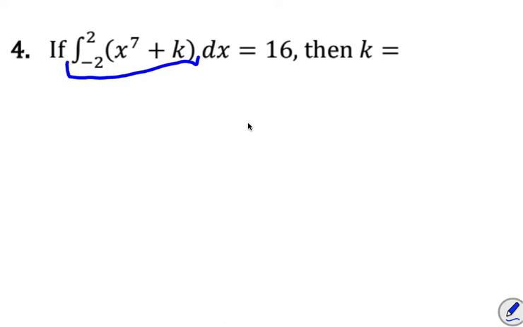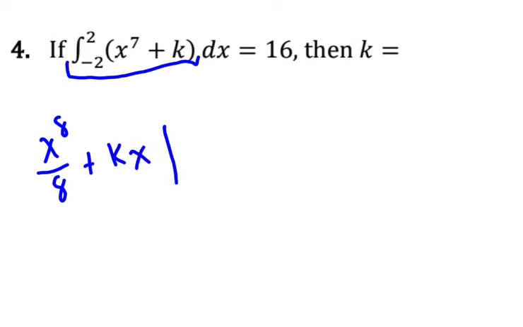So let's do that. So x to the 7th becomes what? Add 1, divide by that number. You want to take a stab at this one? Kx, that's it. And we're going to evaluate this from -2 to 2.